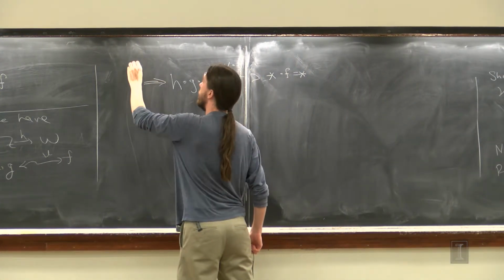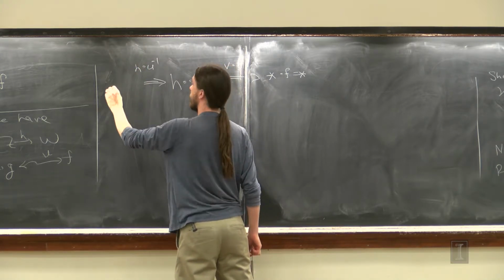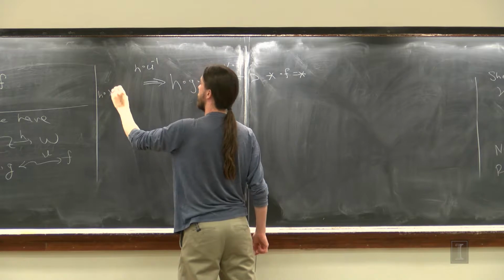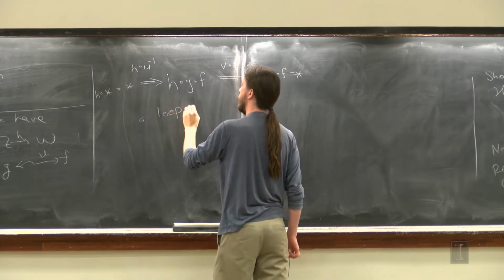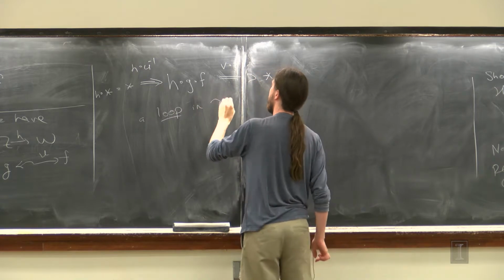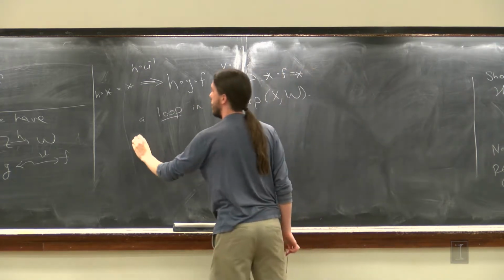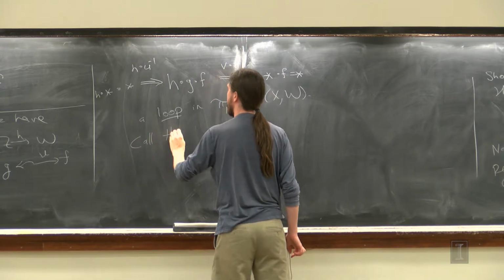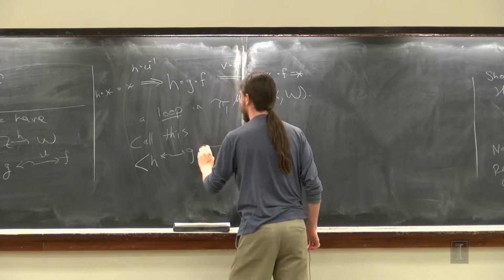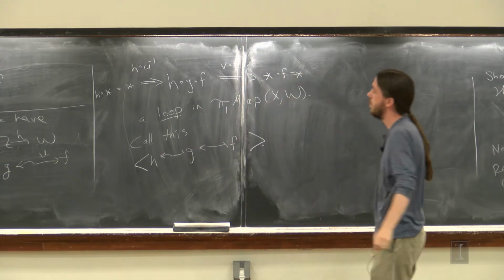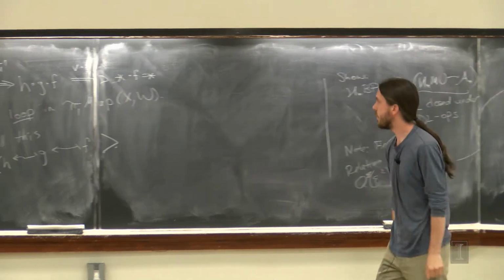And one of them is H composed with U inverse, since that's a homotopy from H composed with the base point to the base point. So now this is a loop in pi1 of the mapping space of maps from X to W. And we'll call this a bracket, where we'll write the choices of tethering over top if we want to remember them.